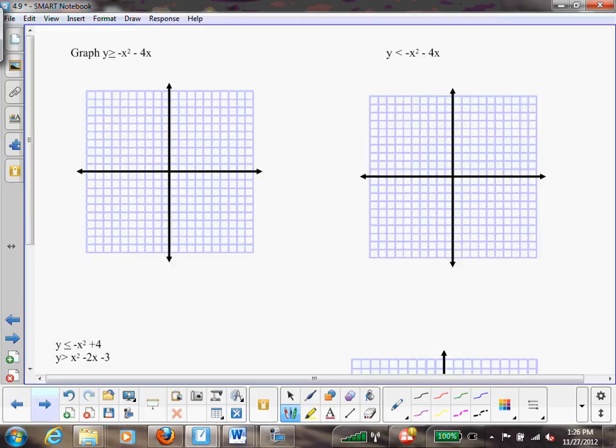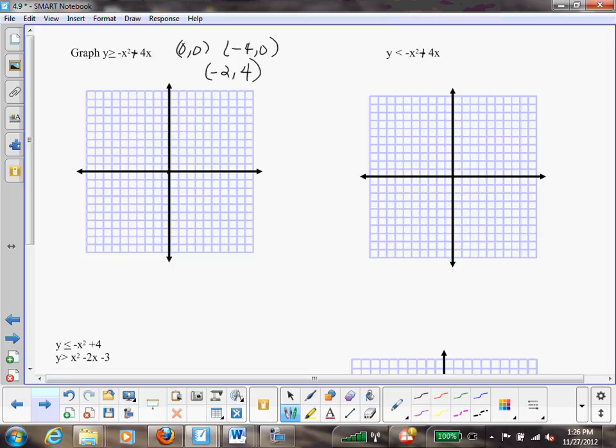Okay, let's do the next one. So this is the same problem, right? I'm going to make this one plus, both of these plus. And so we know that this is 0, 0, and -4, 0, and -2, 4. I'm just trying to give you some options of what this is supposed to look like, okay?